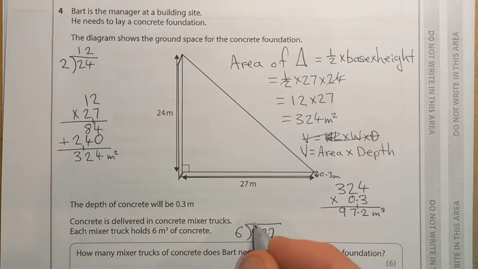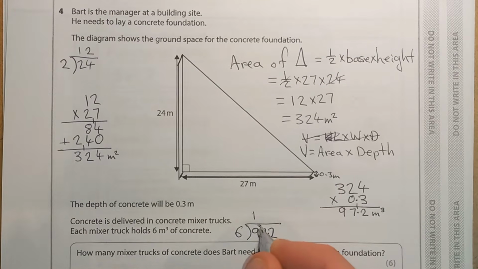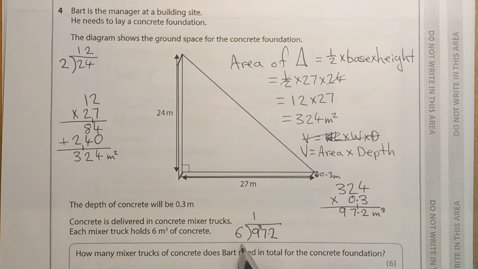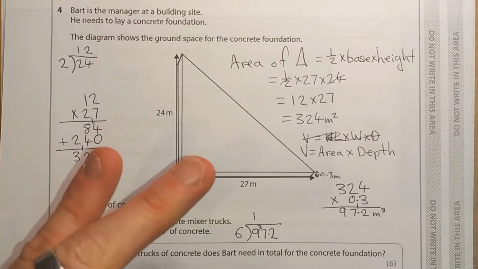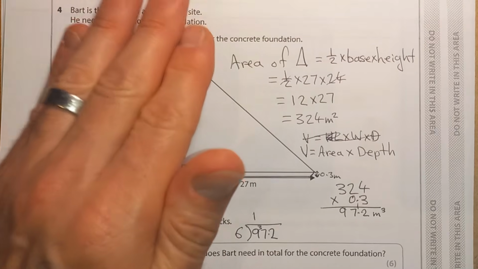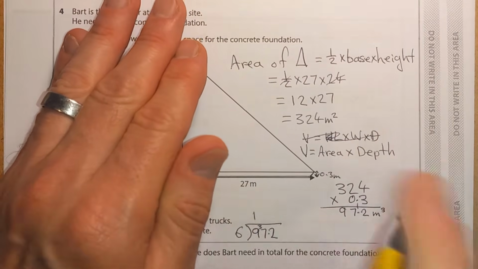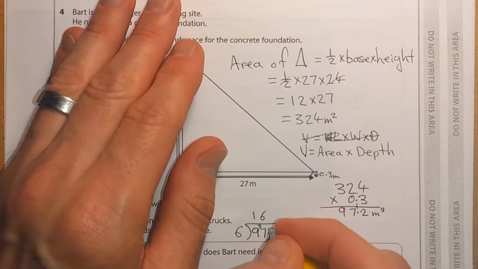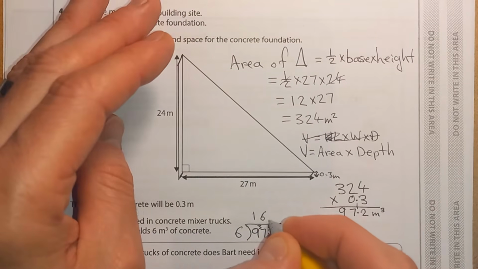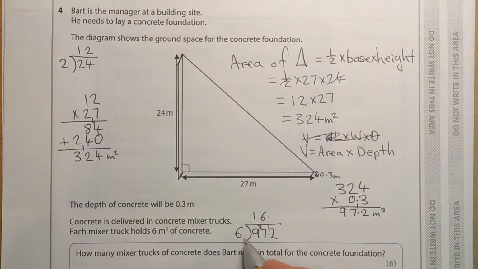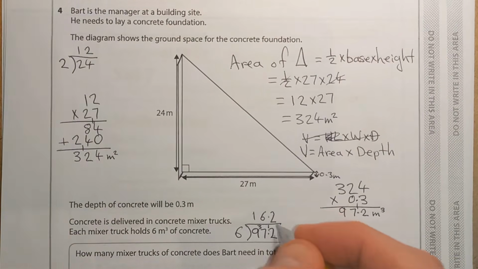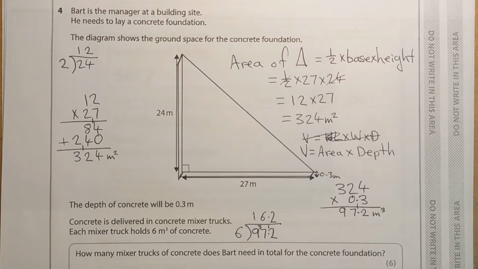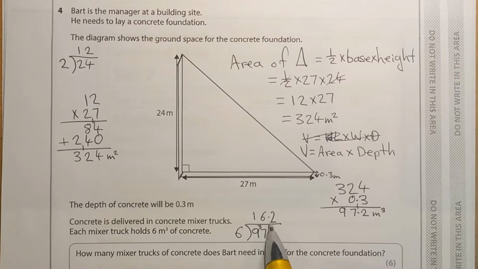Well, 6 goes into 9 once, with 3 left over. 6 into 37, well, we've got 6, 12, 18, 24, 30, 36. That's 6 times with 1 left over. Let's put our decimal point in. And 6 into 12, or 6, 12, that's twice. So we've got 16.2. So 16 trucks won't be enough.